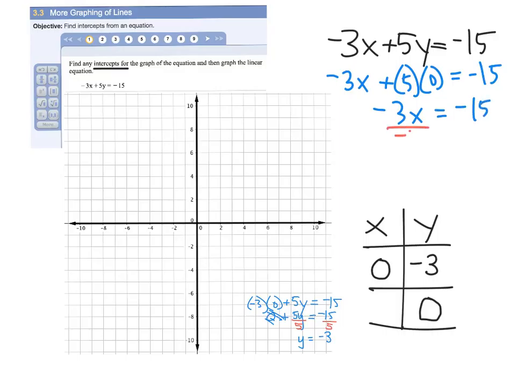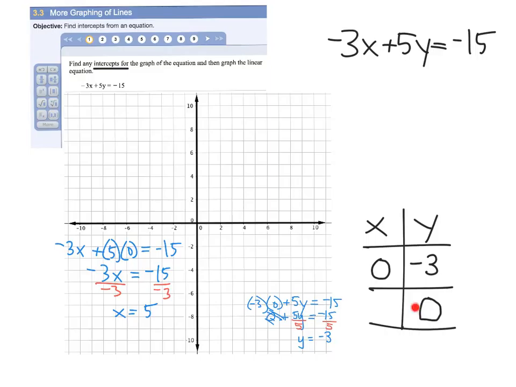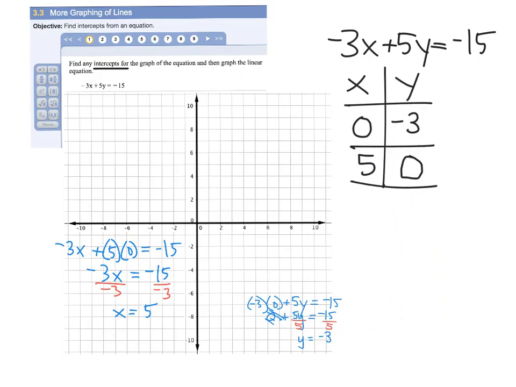Dividing both sides by negative 3 gives us x is equal to positive 5. So x is 5 when y is 0. There is our resulting table.